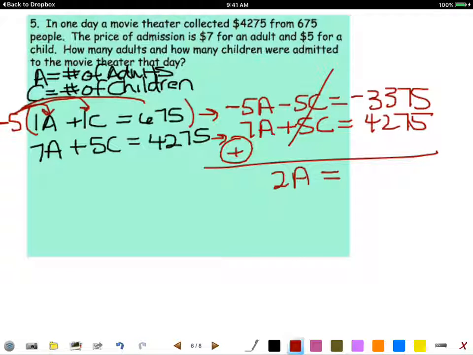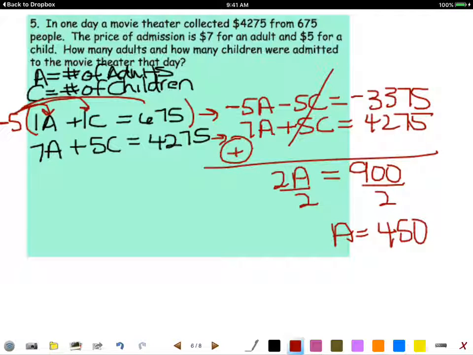What do you get? 2A equals 900. Divide by 2, and A equals 450. So what's 450? 450 adults went to the movie theaters that day.